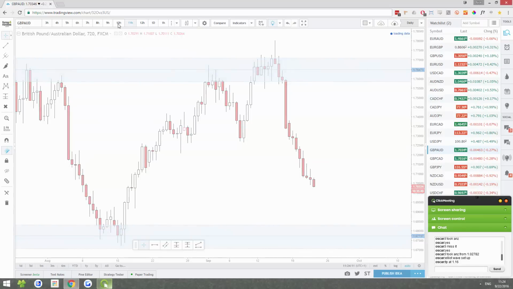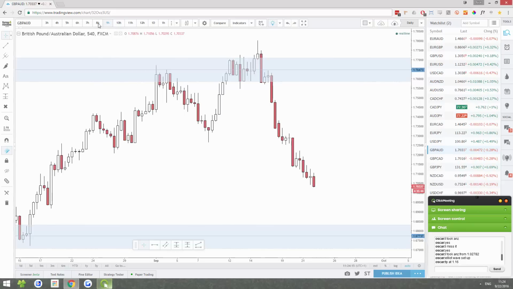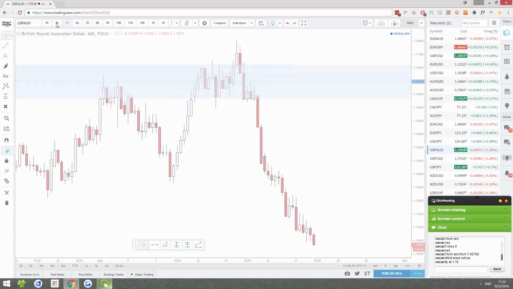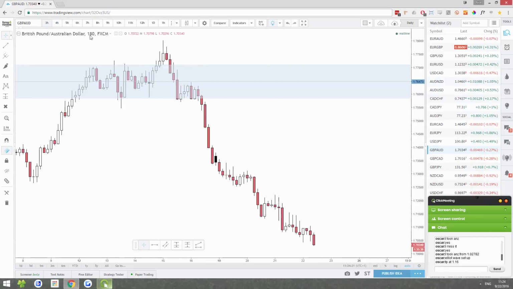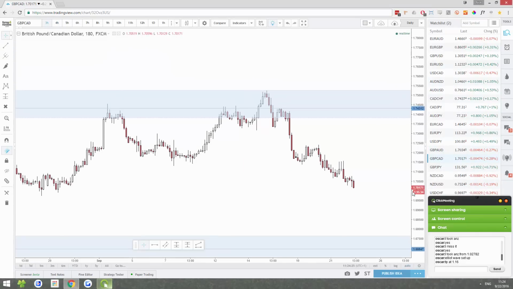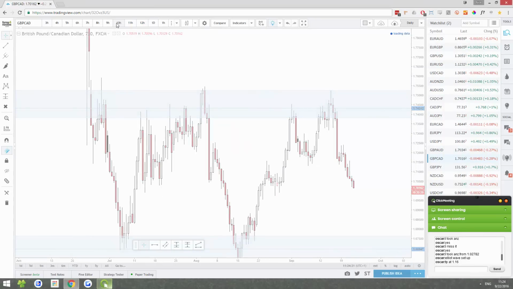Daily GBP AUD, let's drop down the time frames. But it's in between two support resistance areas, so yeah, we're not going to see much there. GBP CAD, same story, between two support resistance areas. I'm not even looking at these timeframes properly. They're not loading for some reason.